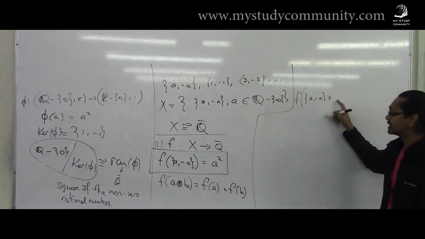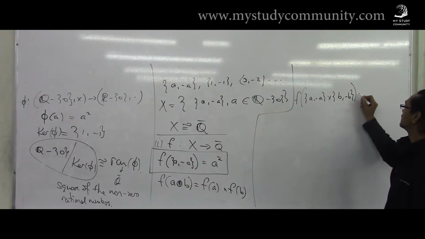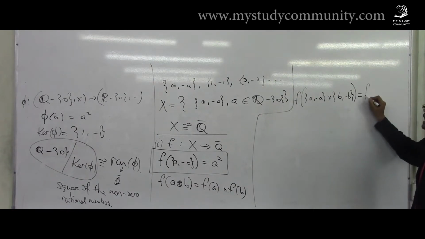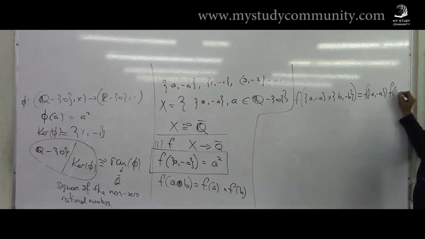We'll get to this multiplication in a while. F of A minus A multiplied by B minus B equals F of A minus A multiplied by F of B minus B.